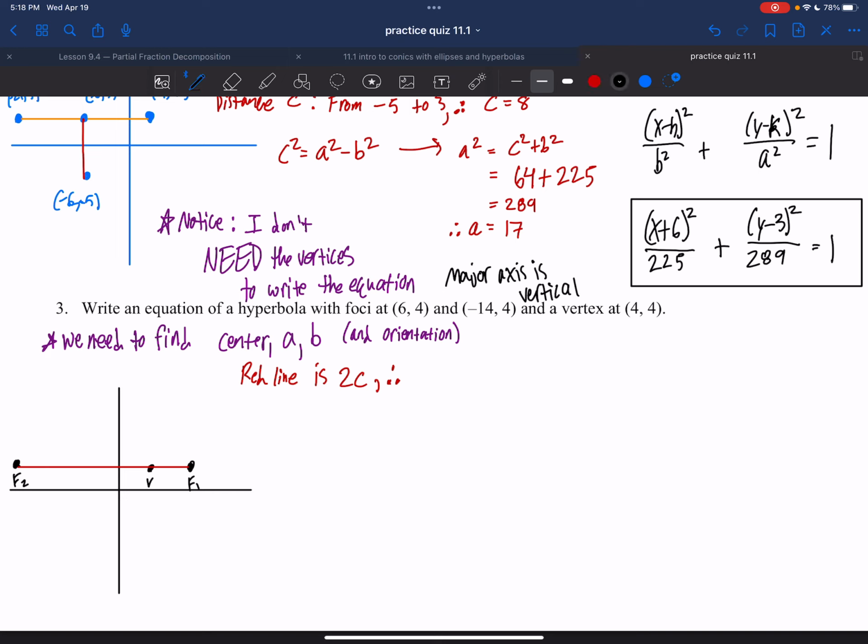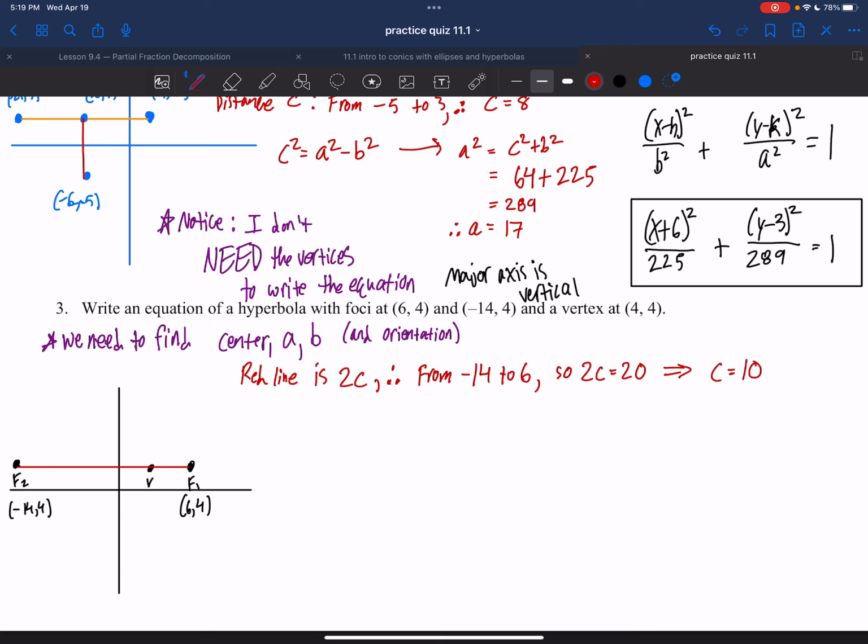I should probably label these. This is 6, 4. This is negative 14, 4. So 2C would be from negative 14 to 6, which is 20. So 2C equals 20 tells us that C equals 10.